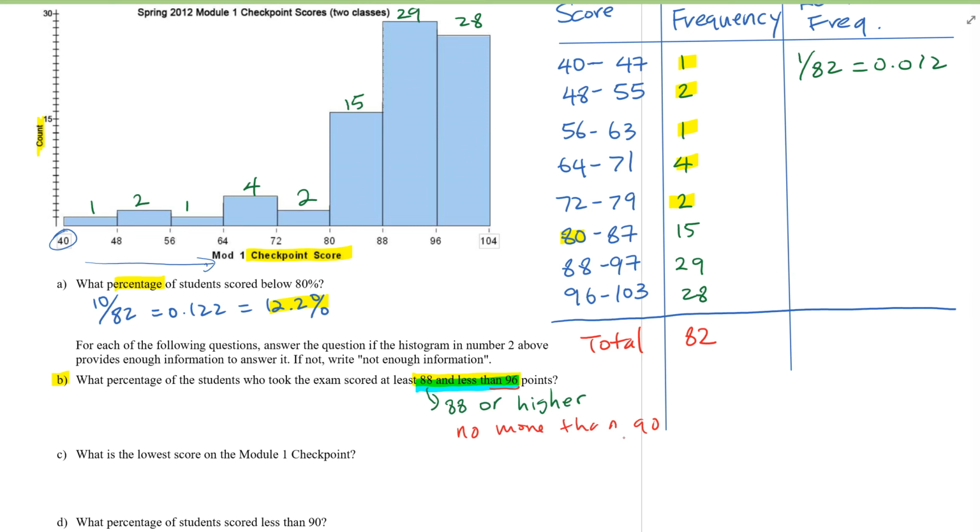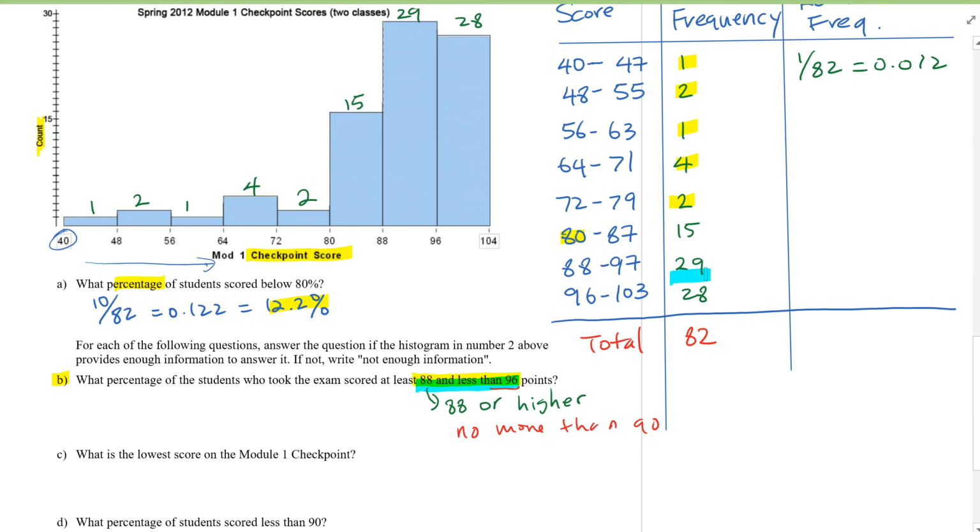So okay, at least 88, less than 96, that is just this group right here. That's the 29. Notice that the 29 students here score between 88 and 96. At least 88, 88 or higher, but less than 96. So that's the 29 students.